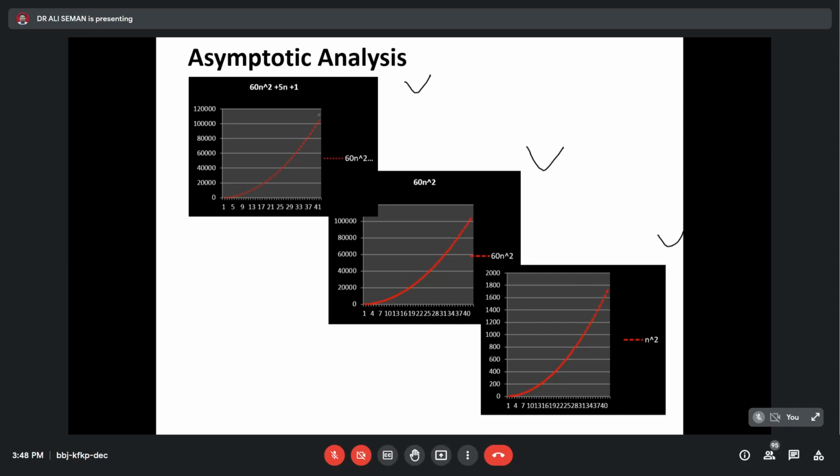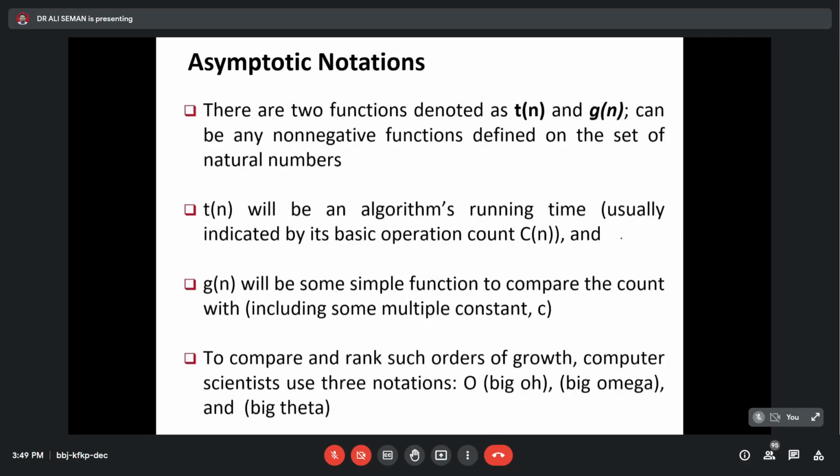When we plot the diagram from 1, 2, 3, the first diagram considers all the constants, the second only takes the constant 60, and the third just takes n only. The conclusion we can make is that we ignore all the constants because the constants won't affect the analysis. Our main concern is only the n only.